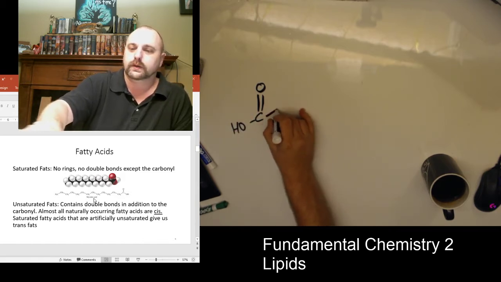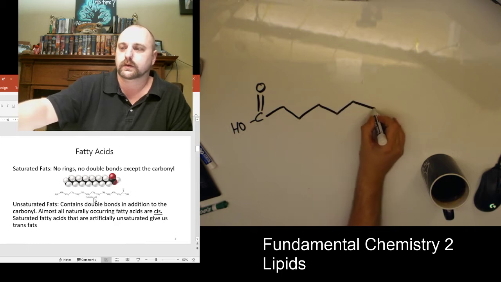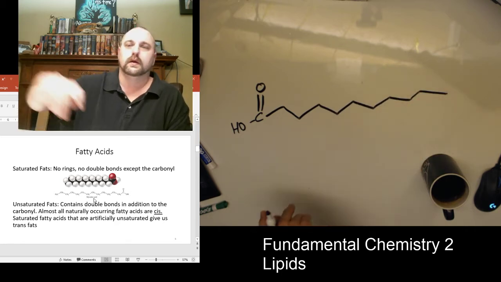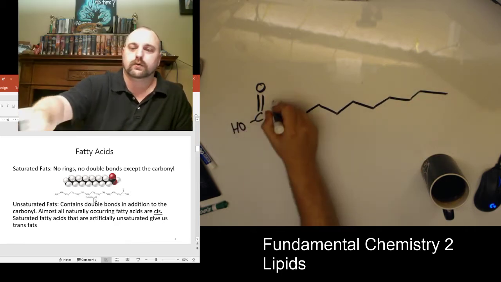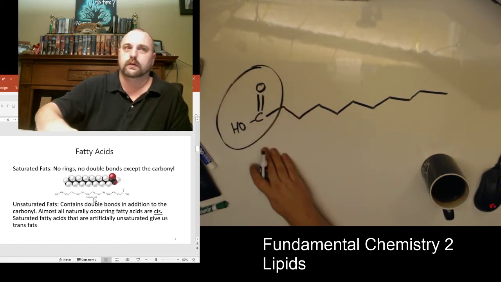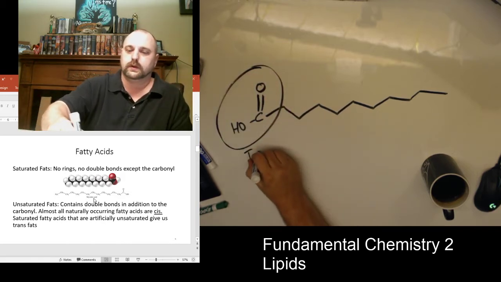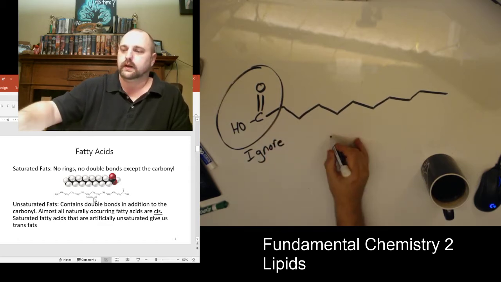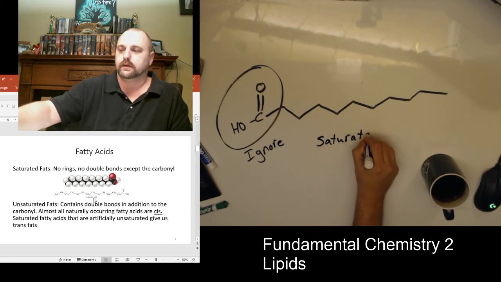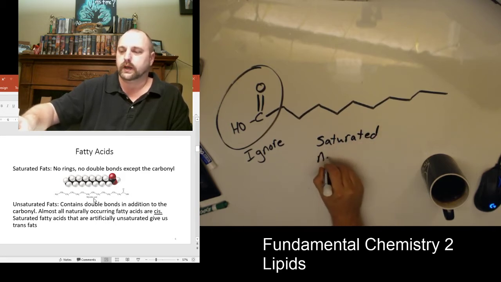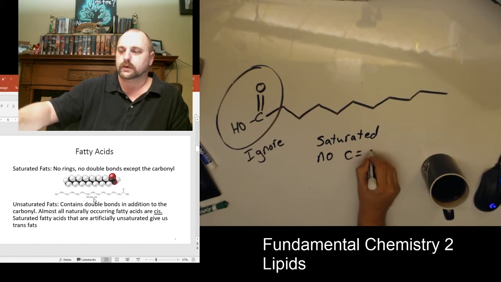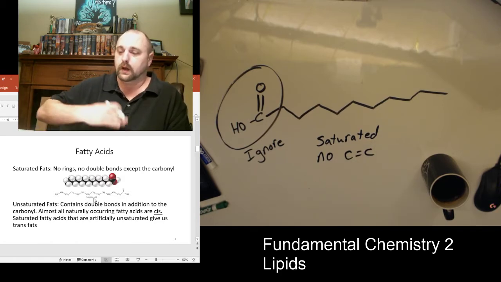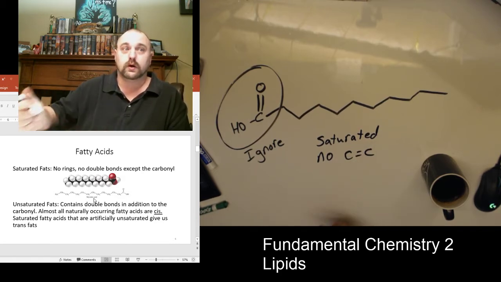Well, what we're going to do here is ignore the carbonyl. We ignore it, and then for everything else, saturated means we're going to have no carbon-carbon double bonds.